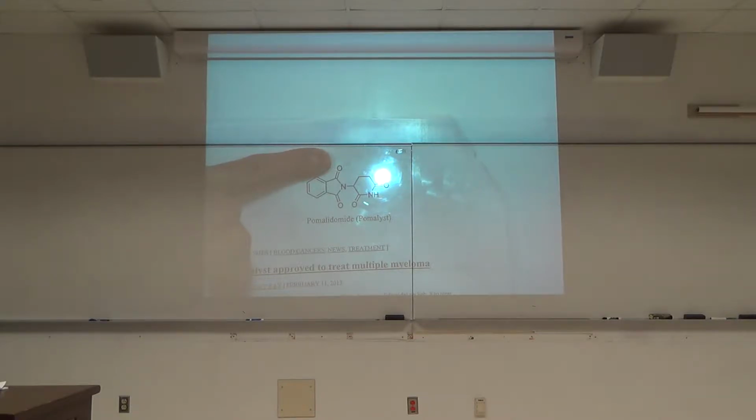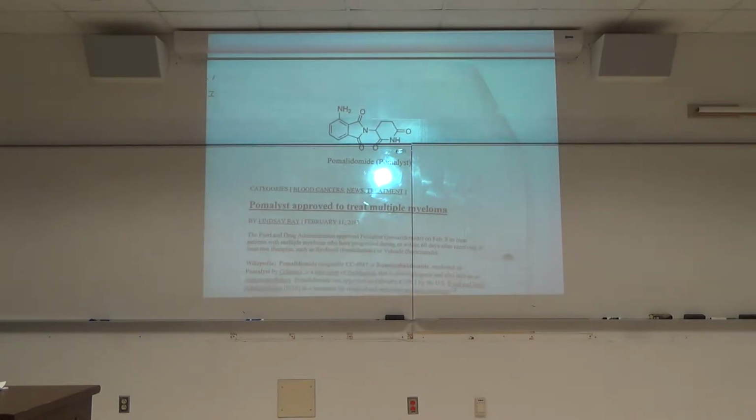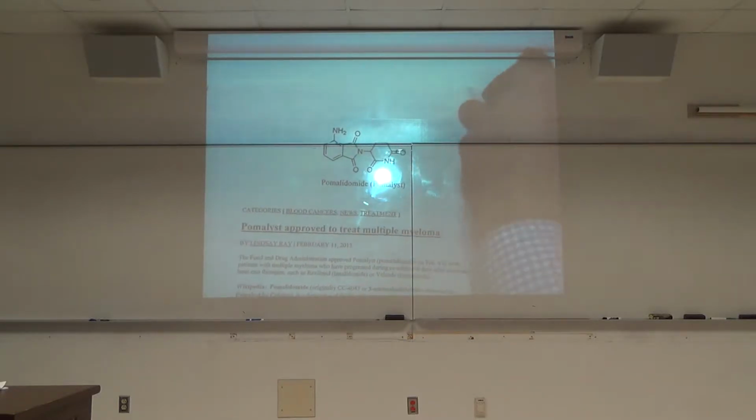What did it do? Caused birth defects back in the early 60s, mainly in Europe. Well, now with an amino on there, they're using the same compound to treat some blood cancer. So thalidomide does have a bit of a rebirth in terms of treating cancer.